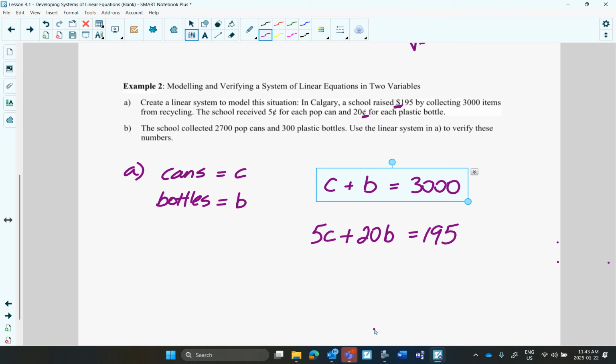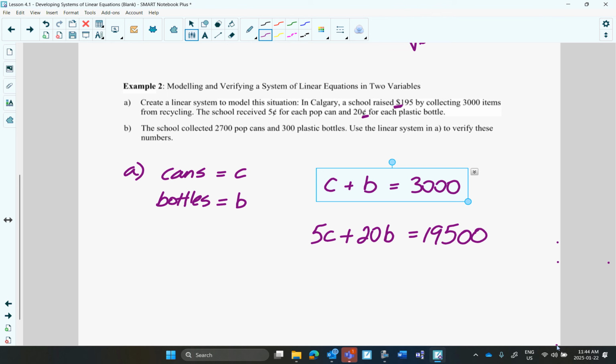How would I change this? Like this is in cents, this is in cents. How would I change this from cents to dollars? $195 is how many cents? What would you multiply by? How many cents in a dollar, even though we don't use the cent anymore? 100. So multiply this by 100.